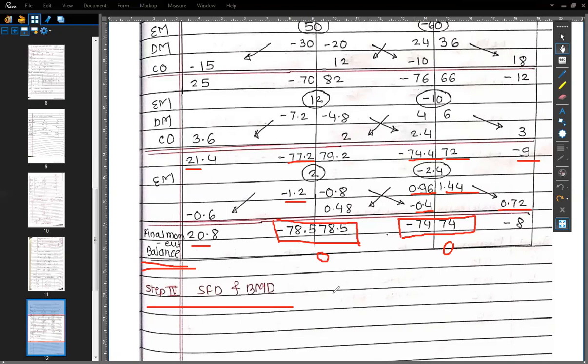First you have to draw the bending moment diagram for point load and UDL condition. Okay, WL square by 12 and WL by 4 likewise, and then you are going to locate these final movements, and then you have to join with the line. And for shear force you have to first find out the support reactions, and according to that you have to draw the shear force diagram.